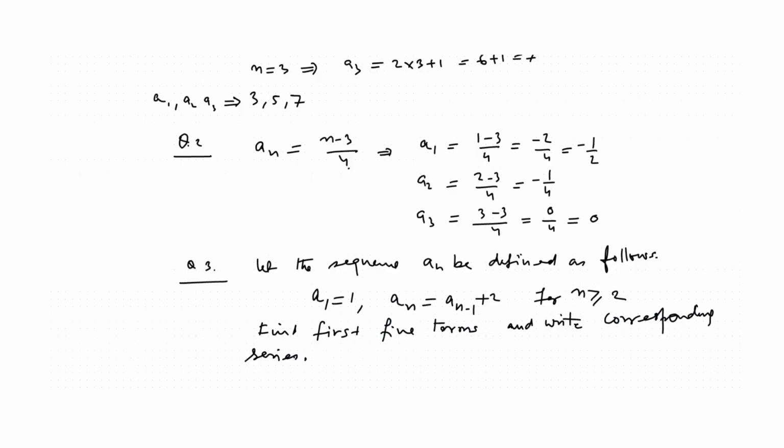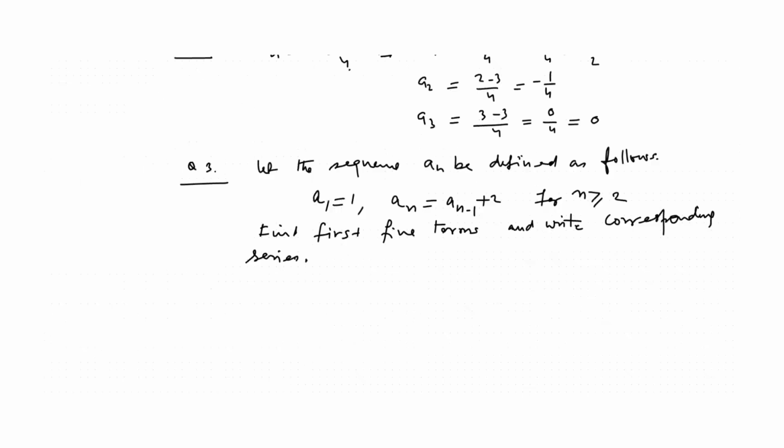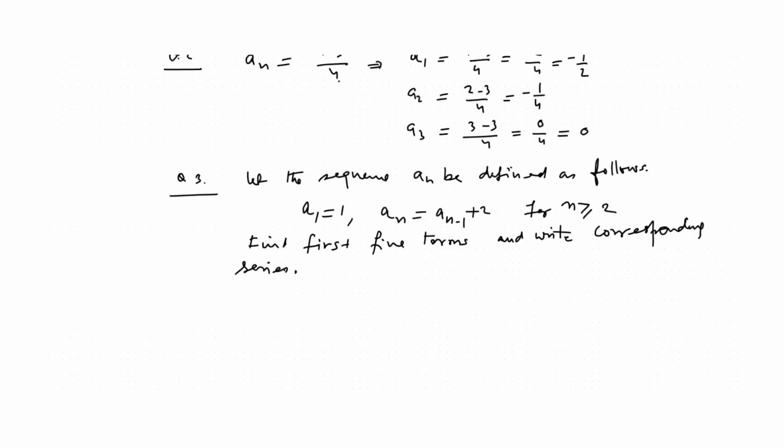So let's try to do this. So what will be my A2? So I will get A(2 minus 1) plus 2. Then what is my answer? A1 plus 2. So it will be 1 plus 2, it will be 3. Okay. Then we find A3.